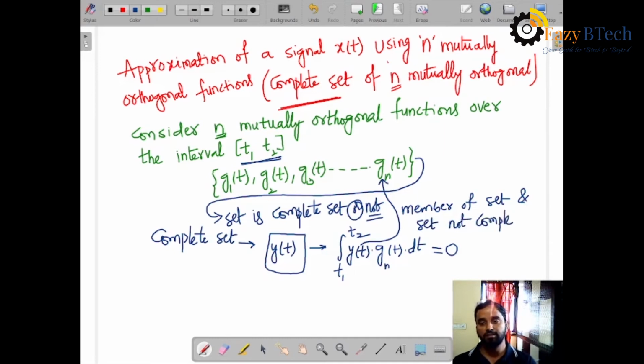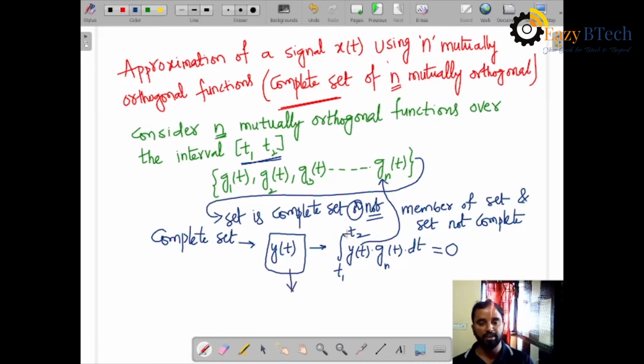So when will it become a complete set? Whenever it is not possible like this: whenever the integral from t1 to t2 of any function y of t into gn of t dt is equal to 0, this type of function does not exist.